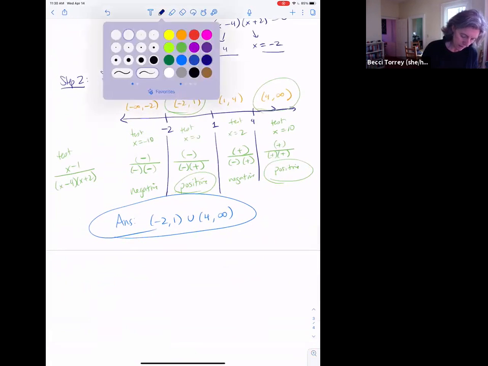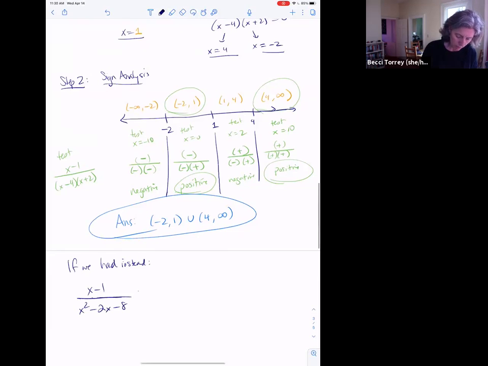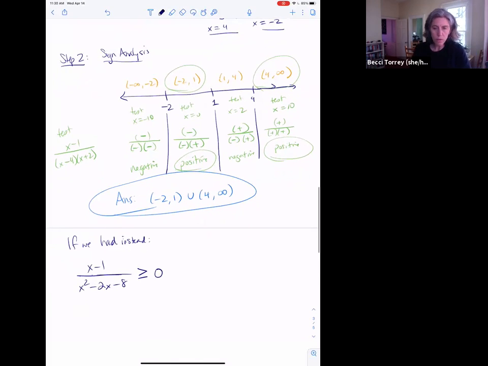So if we had instead the same problem, x minus 1 over x squared minus 2x minus 8, but we wanted greater than or equal to 0, then we would have to include the numbers that make this thing equal to 0. And remember, you can only get a 0 when you have a fraction. It can only be equal to 0 when the numerator is equal to 0. The denominator equals 0 is undefined. You can't divide by 0.